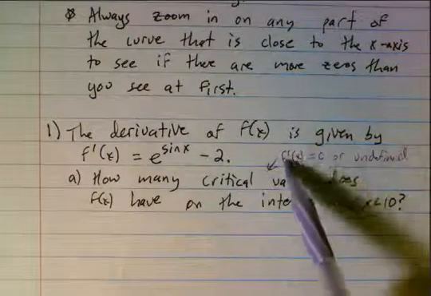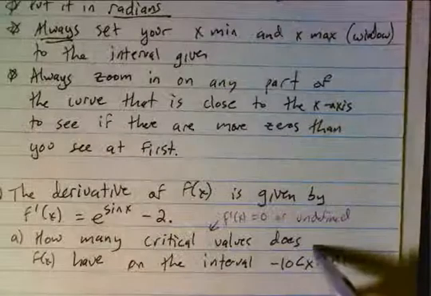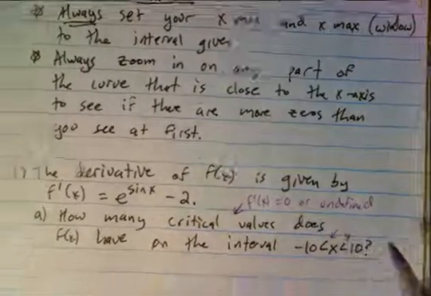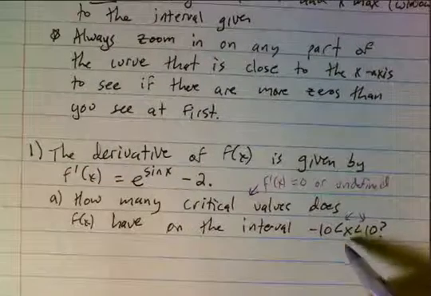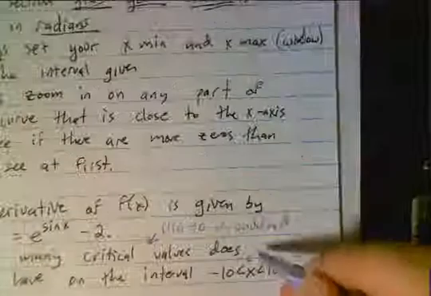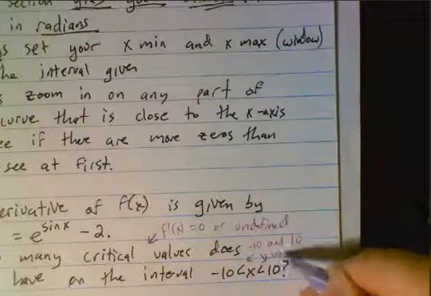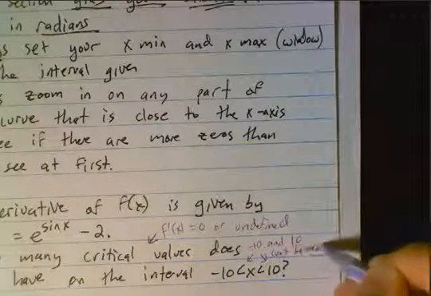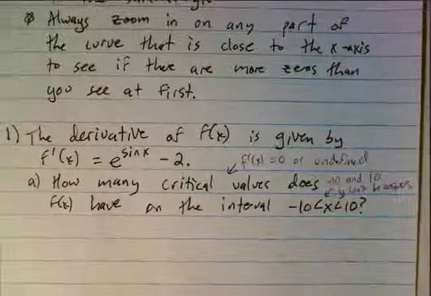So we're just looking for f prime of x and whether it's 0 or undefined. Also, these open less than signs mean that 10 and -10 can't be our answers. We're looking at the interval that does not include them.